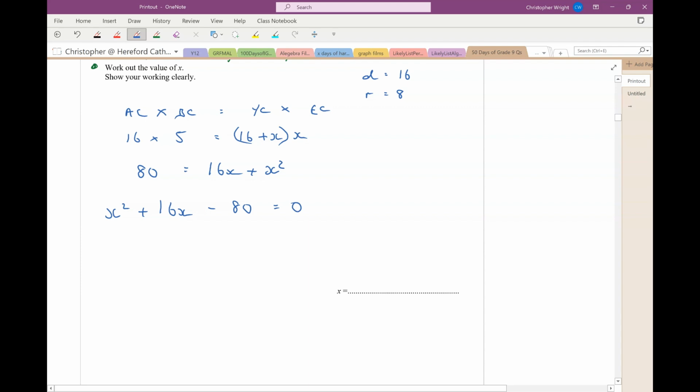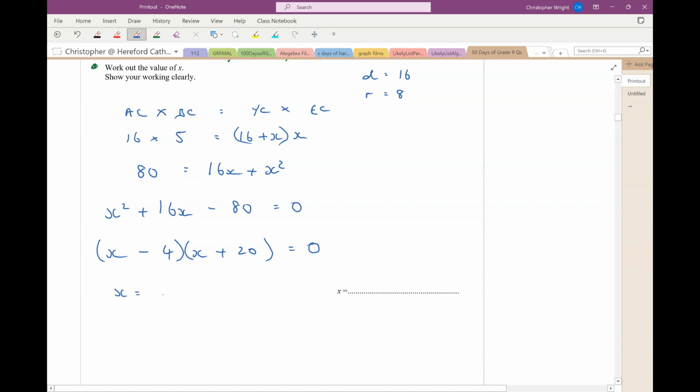So can I factorise this? I think I can. Got to multiply to 80 and add to 16. 20 and 4 maybe, because one of them's plus, one of them's minus. Let's have a look. 20 and 4, plus 20 minus 4. That's going to give me minus 80 and it gives me plus 16. So look at that.